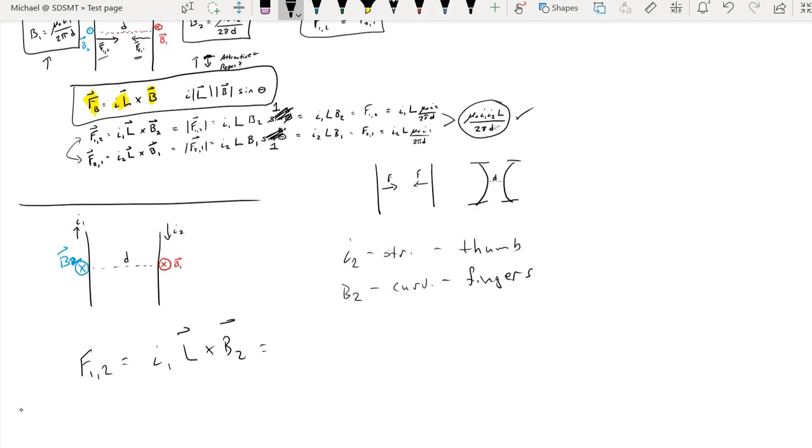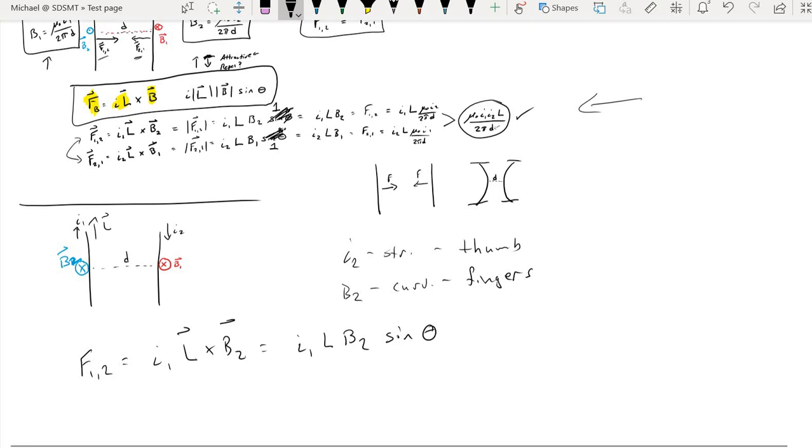And if you follow along with the stuff that we have up top there, we're getting exactly the same outcome. L is still pointing up for I1. Field 2 is still pointing perpendicular to L, so we still have a 90-degree relationship there, which is going to result in a 1 for our sine theta.